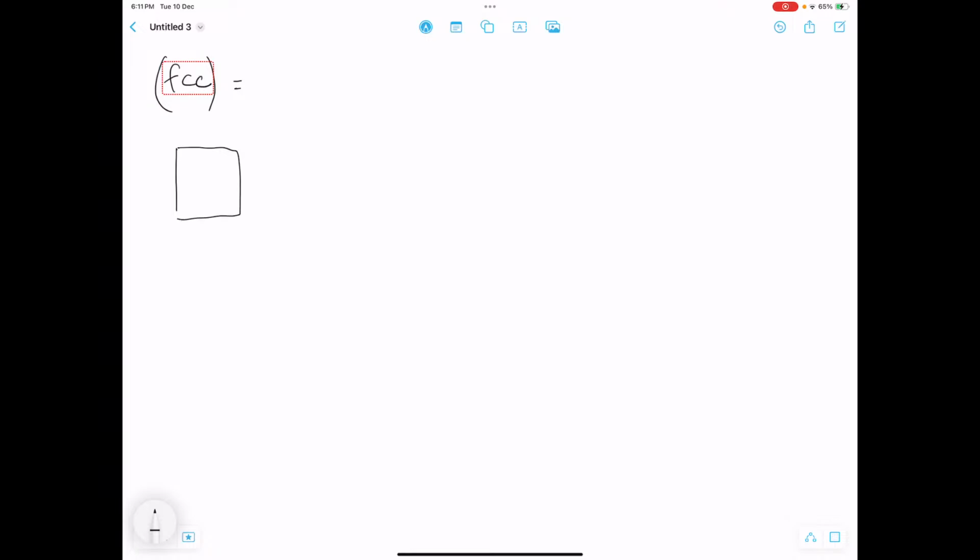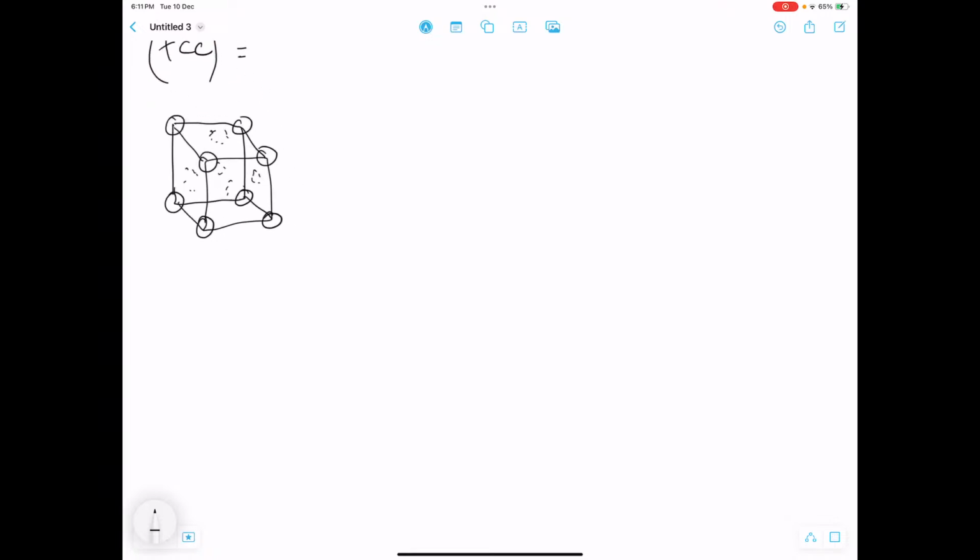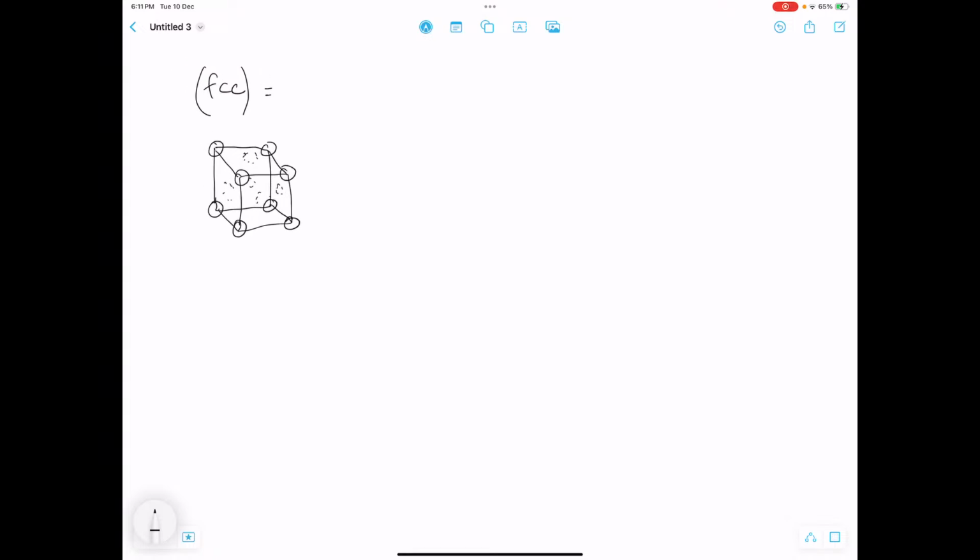FCC looks like this, and each face has one particle or atom. Now, as in the last class we had learned, how many atoms does an FCC unit cell have? It was 4. How?